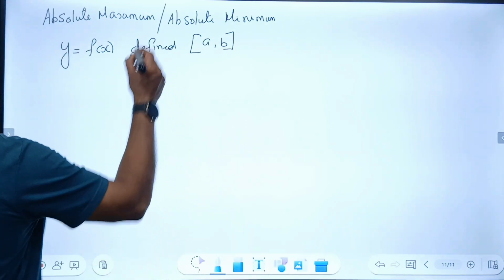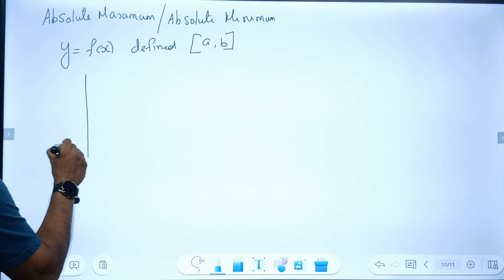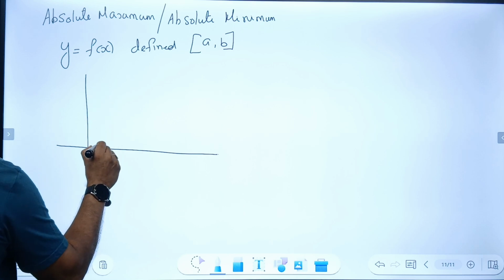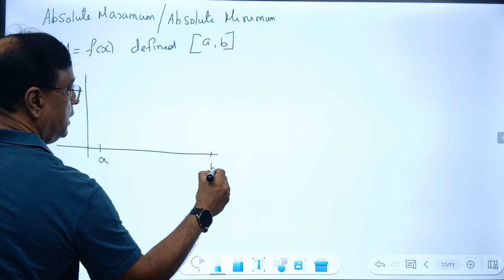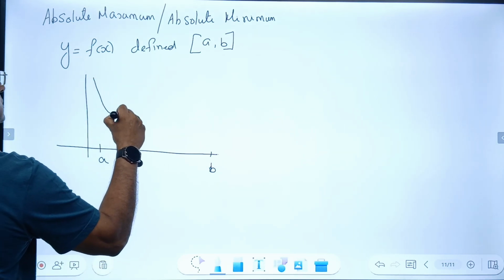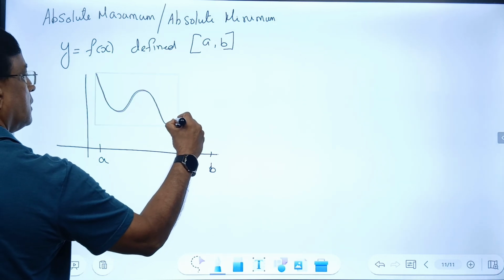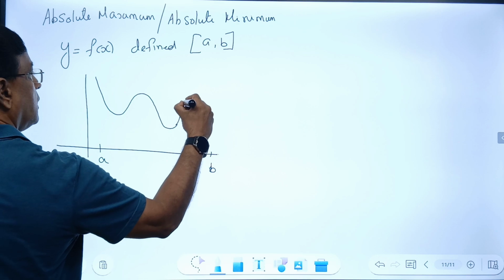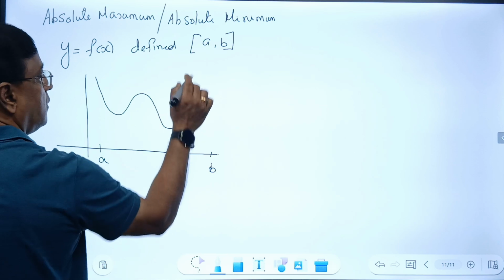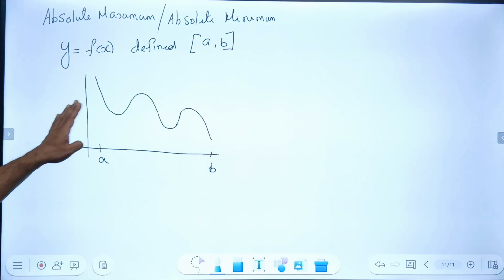Okay, now for this, let us draw the graph. I will just draw one particular graph. Maybe it's like this. This is A and this is B. Okay. So I start like this. Let us assume we have a graph like this.